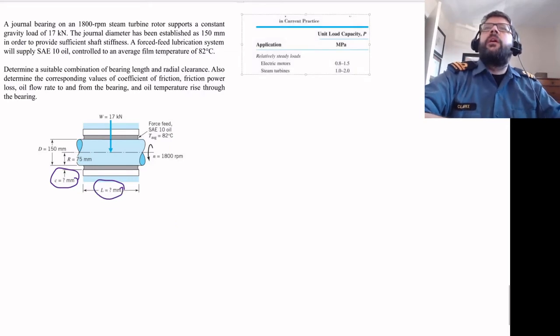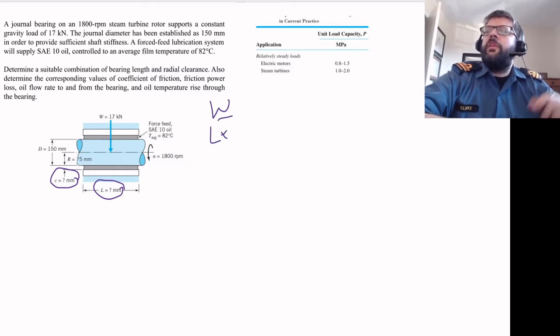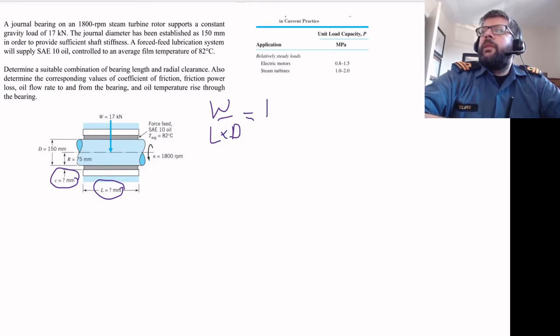That's our W divided by L times D. So we know the W here. We know what the D is. We don't know what the L is. So we want that to be within the 1 to 2 megapascal range.